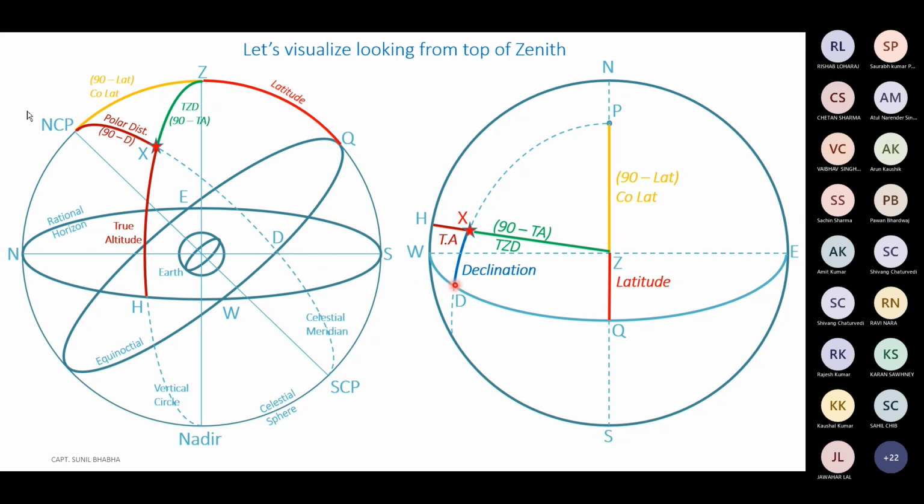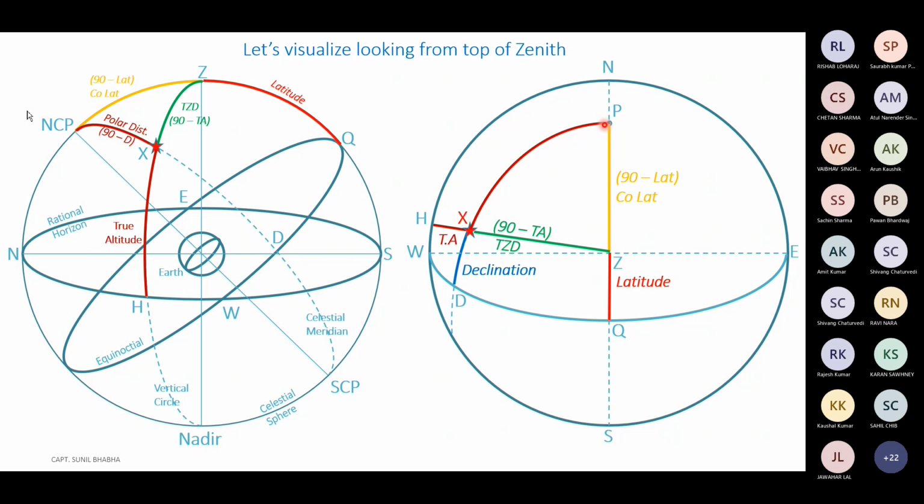Now coming back to the D point in the rational horizon diagram, we know that from the equinoctial, that is D point, to the pole, that is P point, is always 90 degrees. Every point on the equinoctial is 90 degrees away from the pole. So D to P is 90 degrees. D to X is the declination, which tells us that P to X will be 90 minus declination.